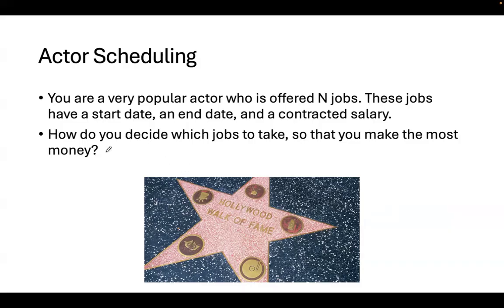And maybe add on to that the most jobs to take additionally so that you have maybe least downtime as well. You can discuss if you want the most downtime or the least downtime.